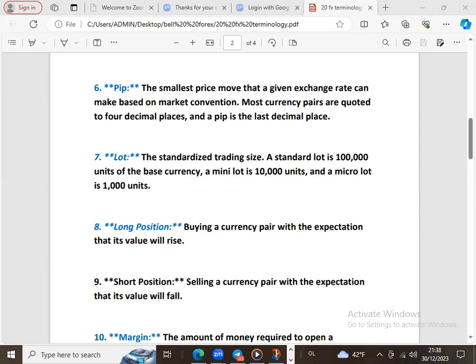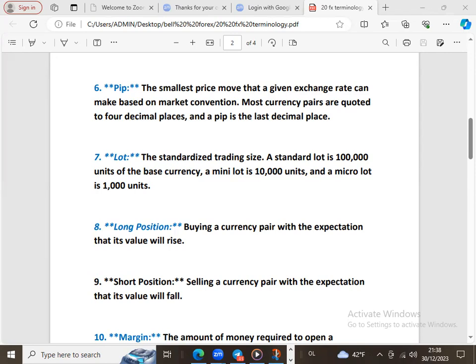So if the market moves 10 pips, to calculate how much you are going to get, you multiply the pip value by the pips. If my lot size is 1, for example, it means $10 per pip. So to know how much I've made for the trade, I will take $10 multiplied by the number of pips that the market covered.